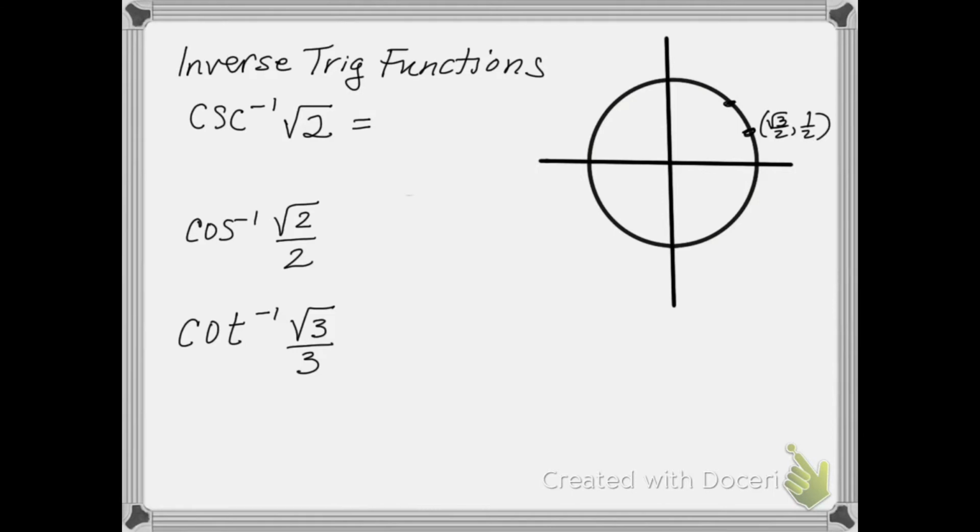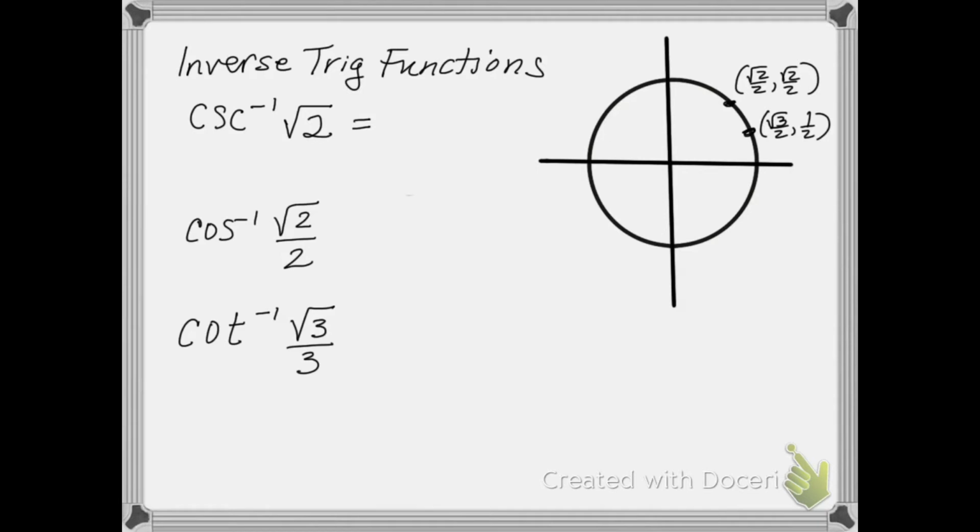This point is at rad2 over 2, rad2 over 2. Okay, so that's what I want to focus on, right? Because that has a rad2, and the one that I'm looking at here has a rad2 as well. Remember I wanted the reciprocal of the y-coordinate.